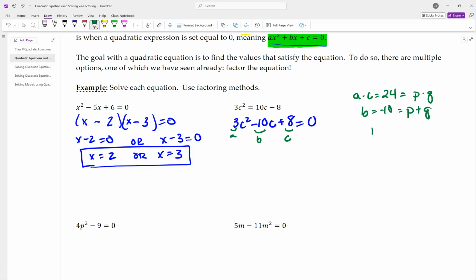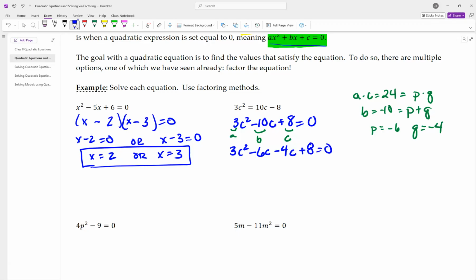Okay, so I need to think of two numbers that satisfy these conditions, and I think a -6 and a -4 would fit the bill, right? Because those add to negative 10 and they multiply to 24. So again, what I'm going to do with the AC method is take that middle term, 10c, and split it into -6c, and then -4c, and then plus 8.